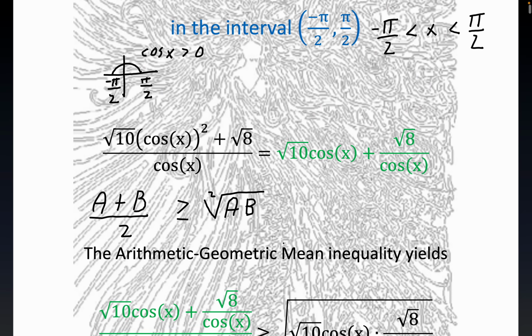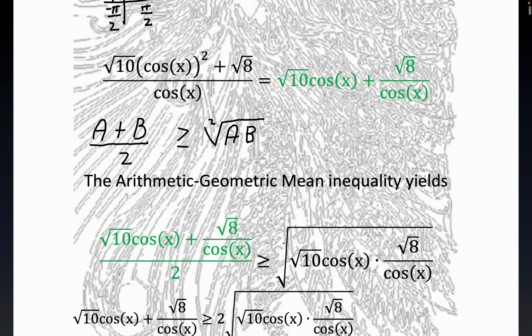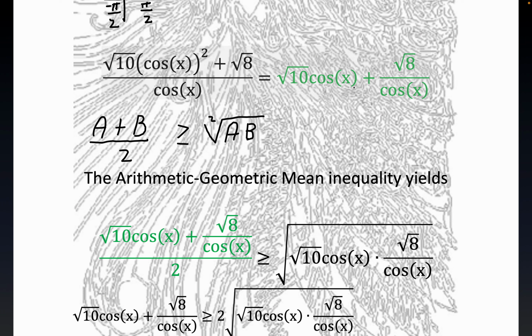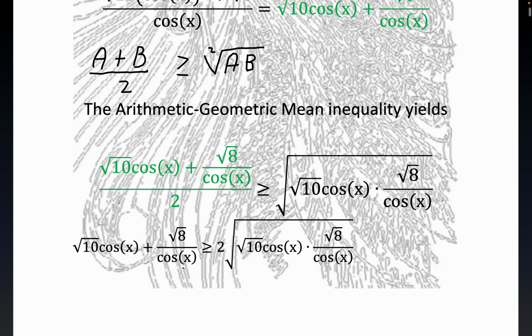All right, but anyway, that's what we do. I made it green for you just to track everything. So this is just applying the arithmetic mean, geometric mean inequality right here. Now, we don't get quite what we want because we're dividing by 2, but if you multiply through by 2, you get this statement right here.